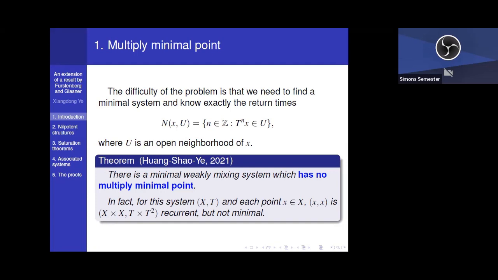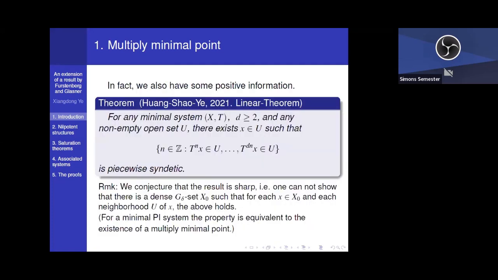The example we found is a minimal weakly mixing system. This system has no multiple minimal point. In fact, for this system, each point x is recurrent but not minimal.